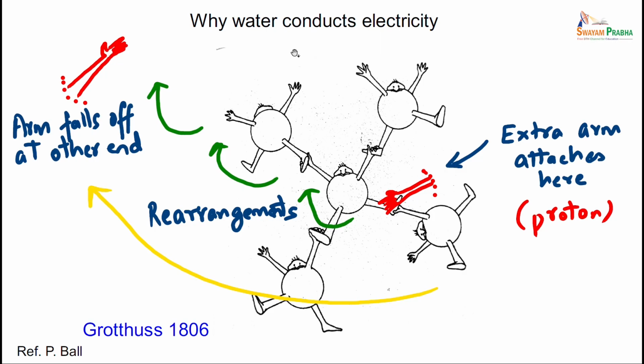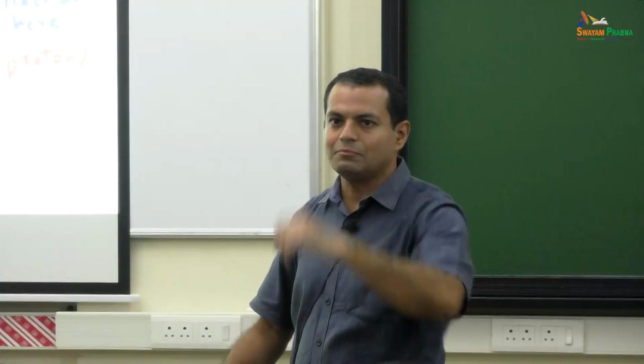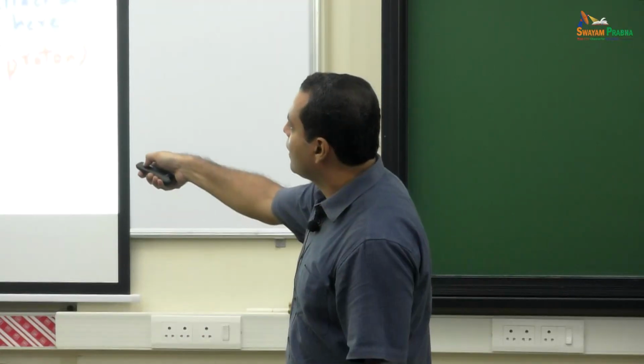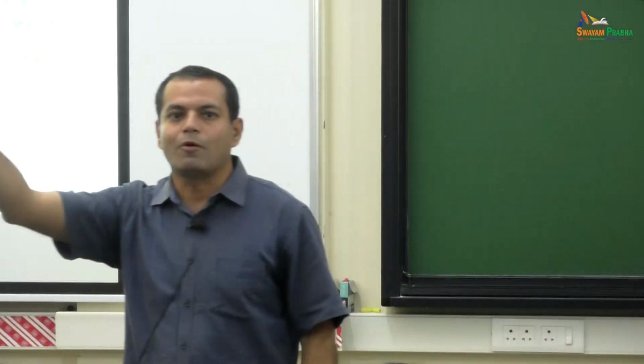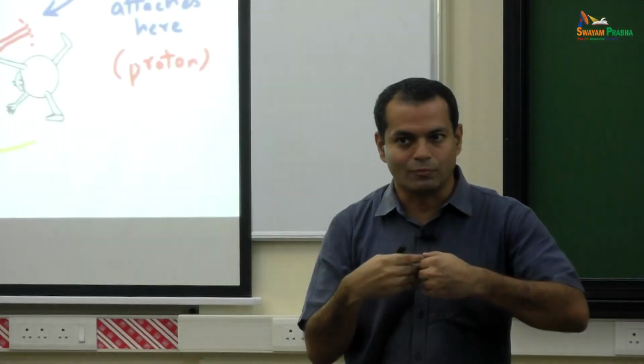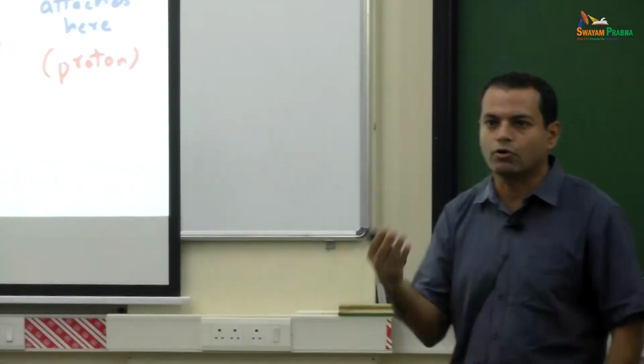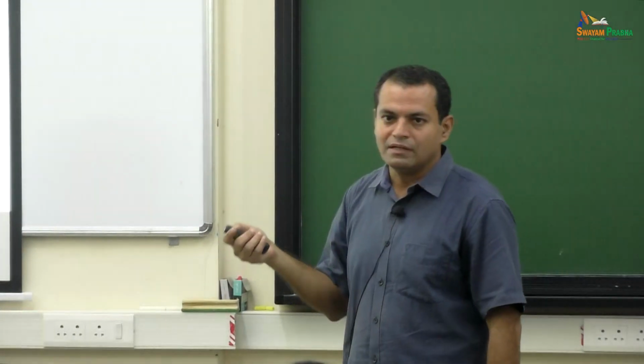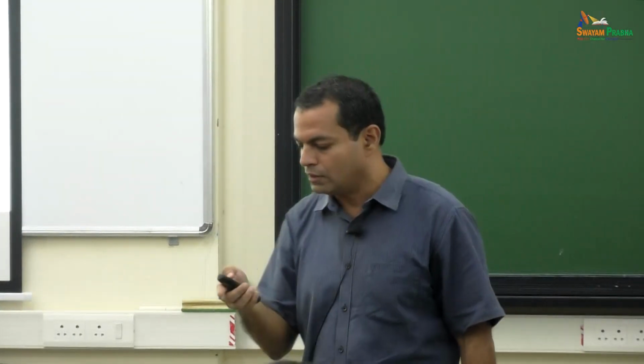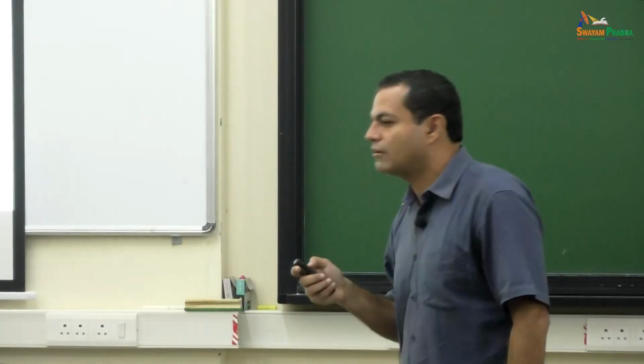That arm can come and grasp the leg of one water molecule as shown here, and then there will be a series of rearrangements such that the extra arm attached here, the rearrangements happen for thousands and millions of molecules. At the end, one arm falls off from the opposite end. This very rapid way of transporting a proton, or a hydronium ion, is called the Grotthuss mechanism. That is responsible for the current transport in water.